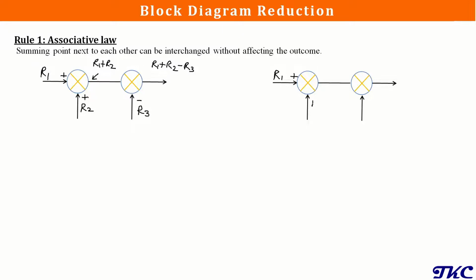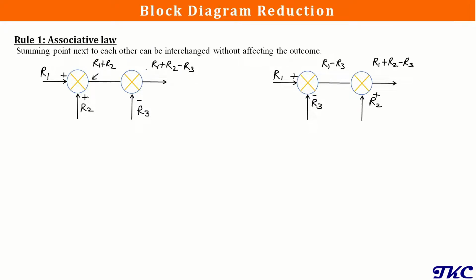Here we have R3, which is a negative signal, and at the second summing point we have R2, which is a positive signal. Now the output after the first summing point is R1 minus R3. After the second summing point, it will again be the addition of all the incoming signals, so it will be R1 plus R2 minus R3.